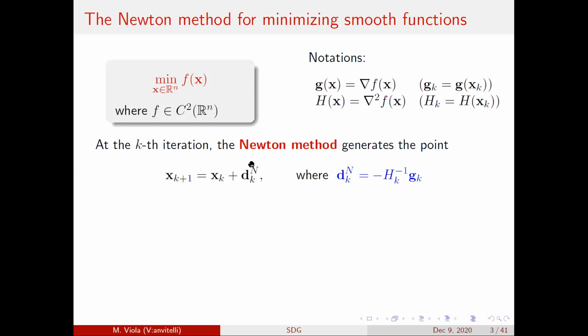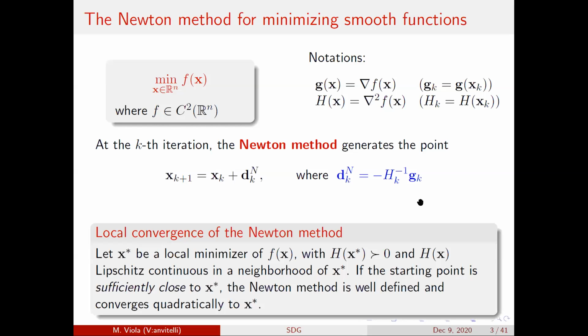So this is the so-called Newton direction, which is the result of the solution of this Newton system. Now, the Newton method is extremely powerful. Everybody knows, and it's one of the first methods people study. So in particular, you can prove local convergence with superlinear rate.